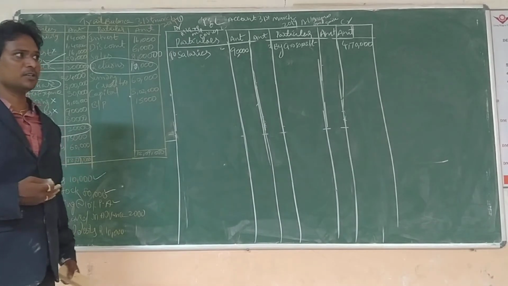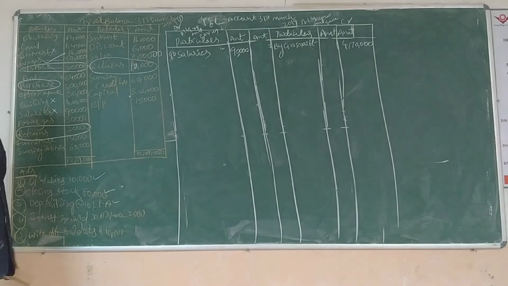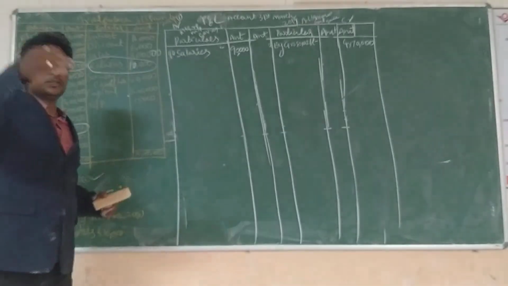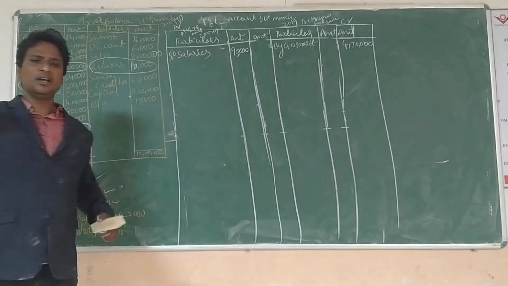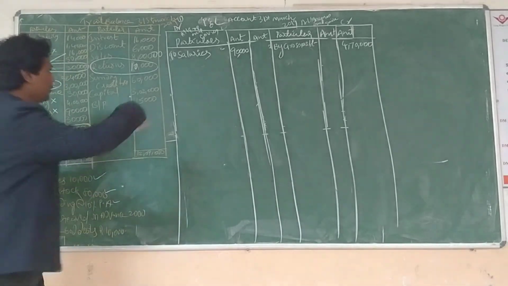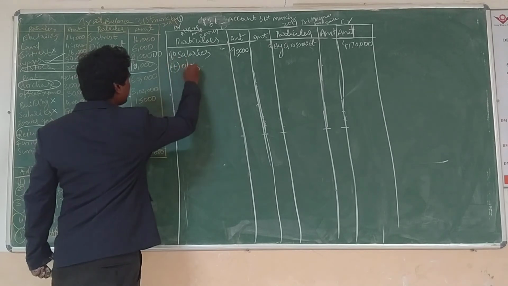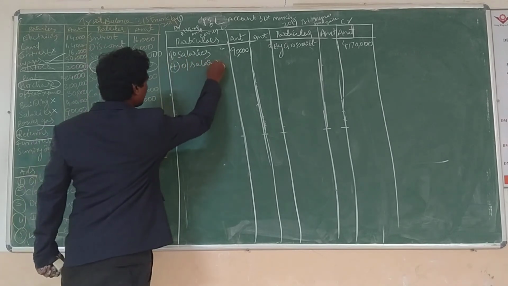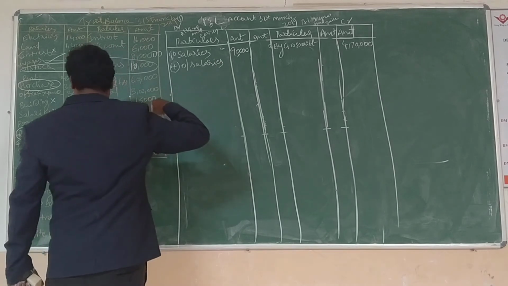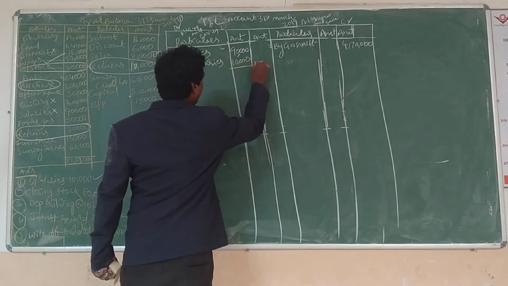We are going to add this amount, because we did not pay it; it will be paid in future. So we add outstanding salaries amount 10,000. Total 1 lakh rupees.